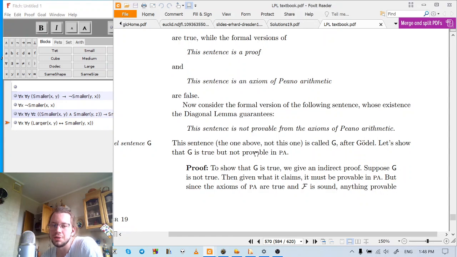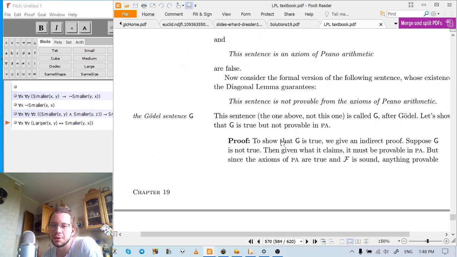Let's show that G is true, but not provable in PA. So we are going in the way of the indirect proof. We want to show that G is true but not provable. So let's suppose that G is not true.